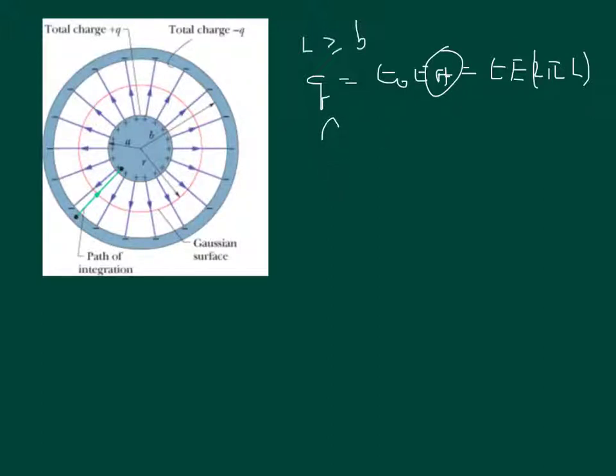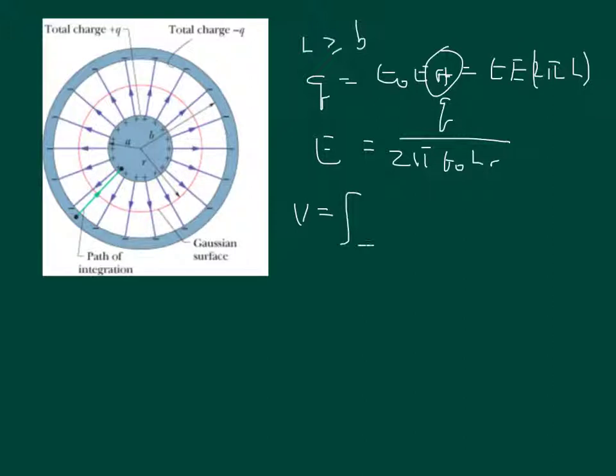Then E simply equals Q over 2 pi epsilon naught L r. Why do we need the electric field? Well, because we need to find the electric potential.